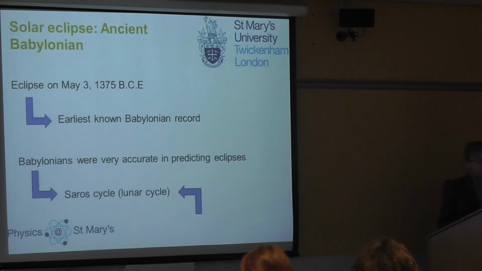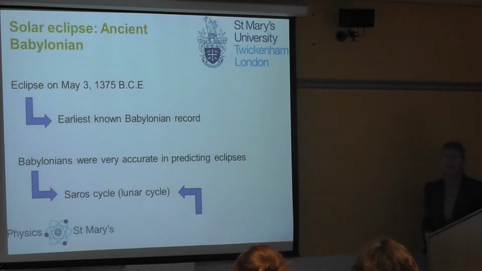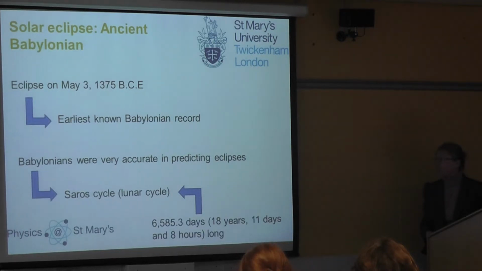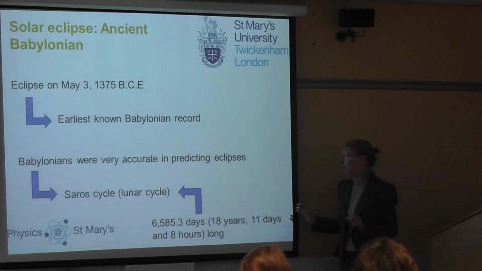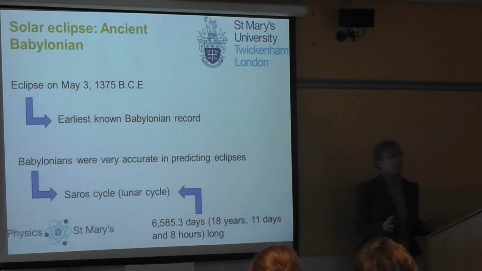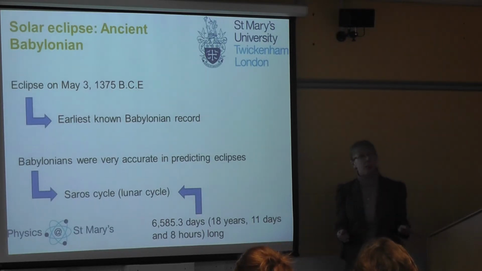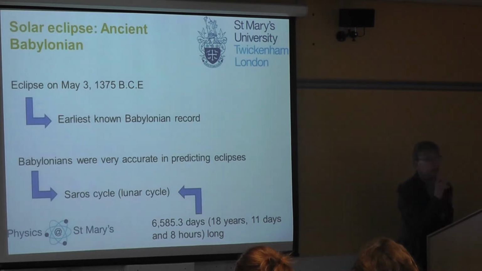From here, the Saros cycle, which is a lunar cycle, comes. The Saros cycle predicts a solar eclipse every about 18 years. In fact, the next solar eclipse that we will have here in the UK is in 2026, which is not going to be, I believe, a total one.